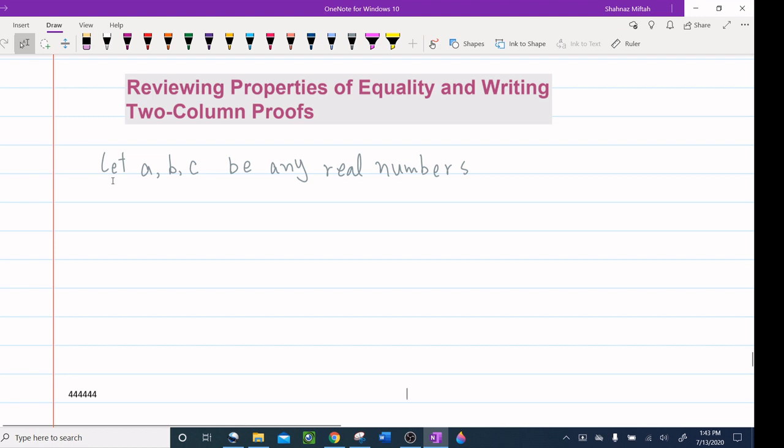I'm going to give you algebra properties, and then I will also give you some geometric properties that we are going to use. Let A, B, C be any real numbers. The first property that we have is the addition property.